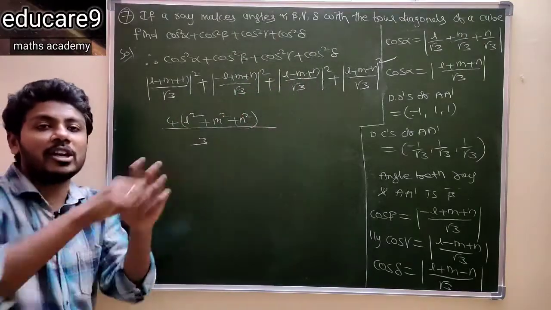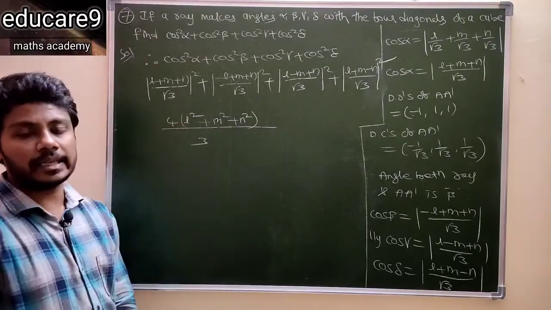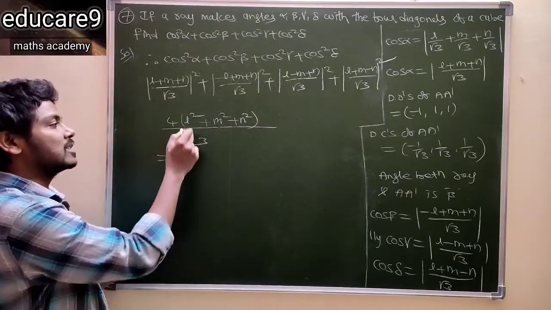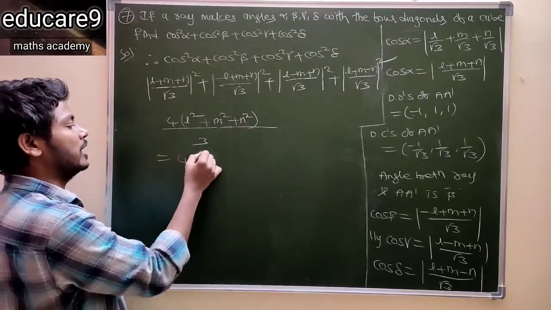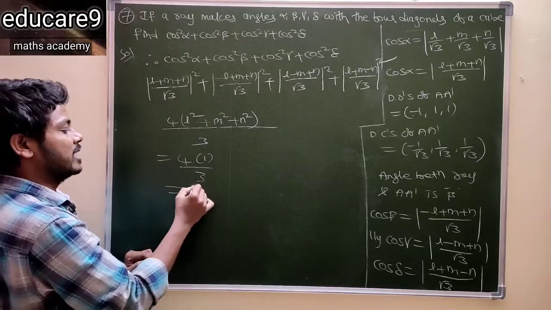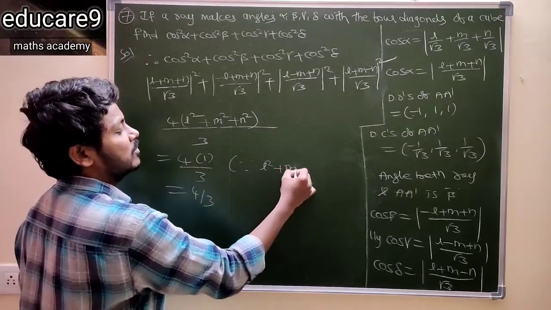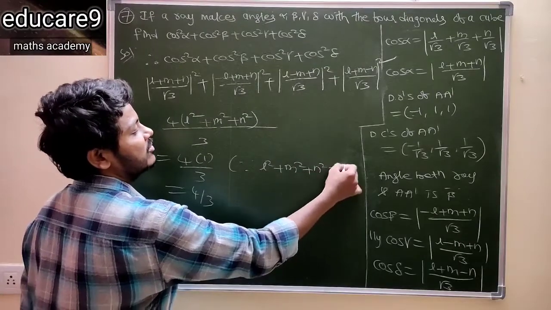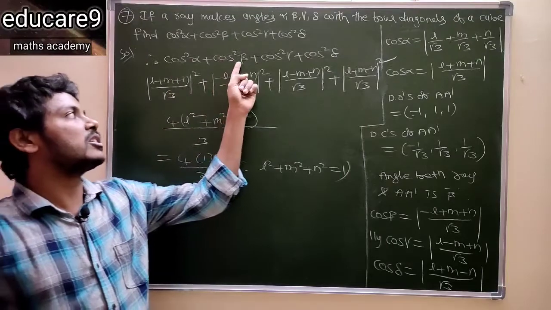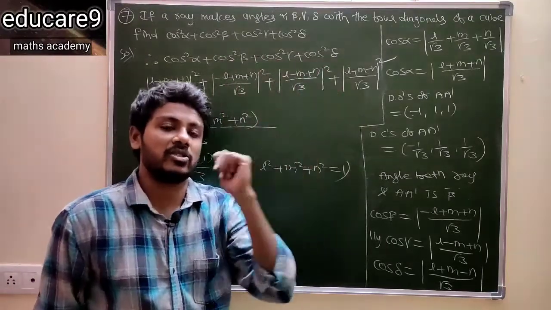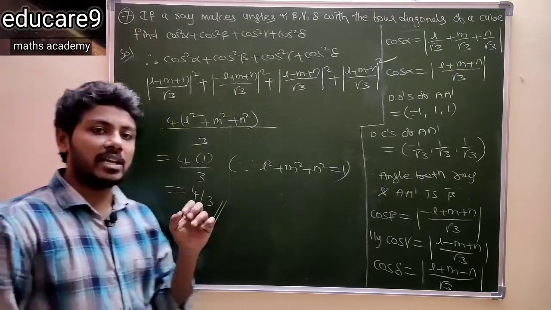Like that all the cross terms get cancelled. You know that the sum of the squares of the DCs is always 1. So that is 4 into 1 by 3, we get 4 by 3, since l square plus m square plus n square is always 1. Therefore, cos square alpha plus cos square beta plus cos square gamma plus cos square delta has the value 4 by 3. So this is the required answer.